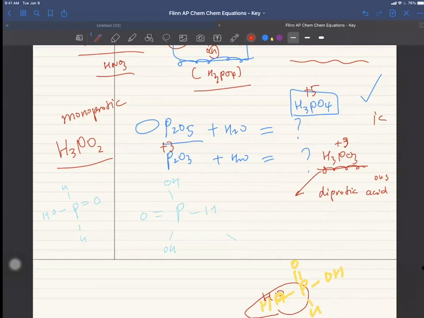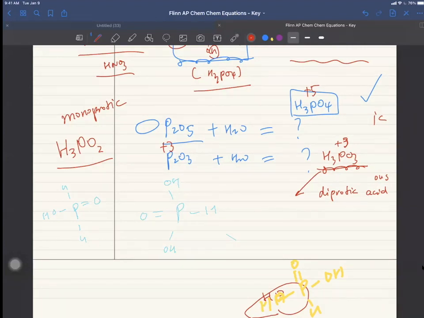Dr. Chen, why is POH3 for phosphorus acid not correct? Can you say it again? Which one is not correct? POH3. So the phosphorus connected to 3 OH.